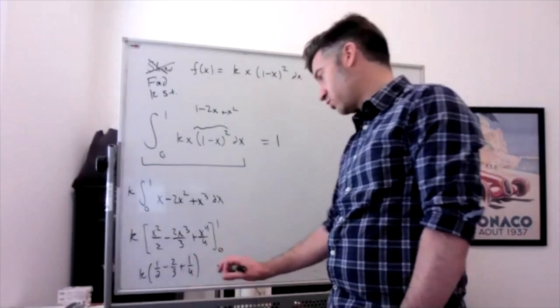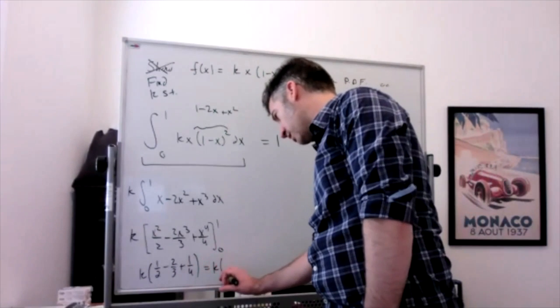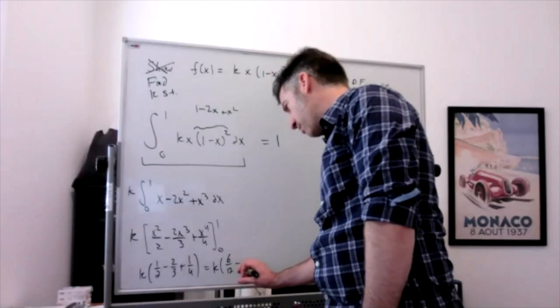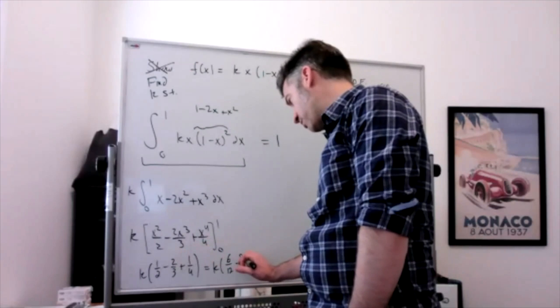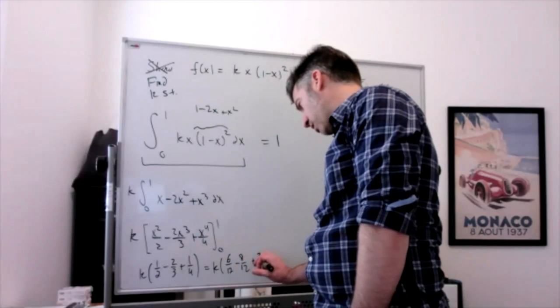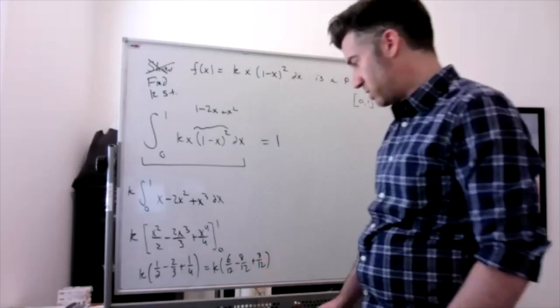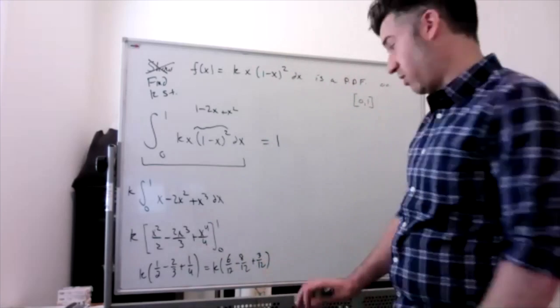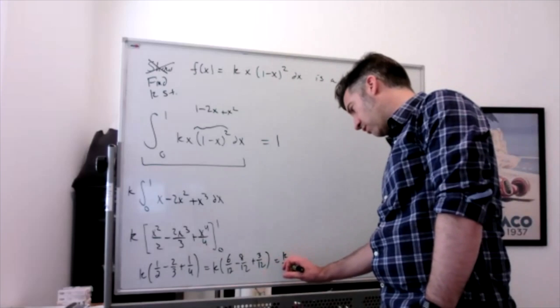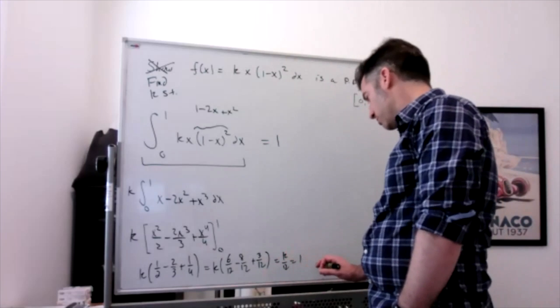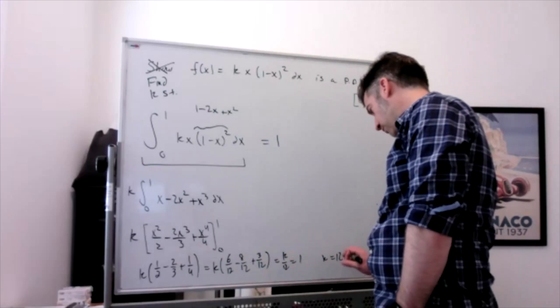Common denominator is 12. So you get k times 6/12 minus 8/12 plus 3/12, which is 9/12 minus 8/12, which is 1/12. So you get k over 12 equal to 1. So k equals 12.